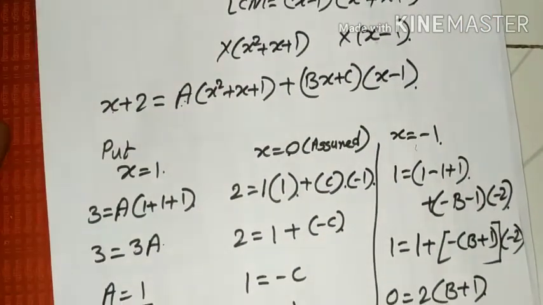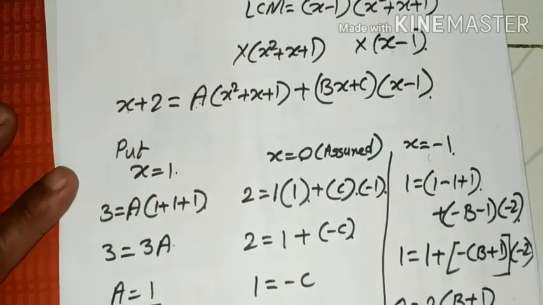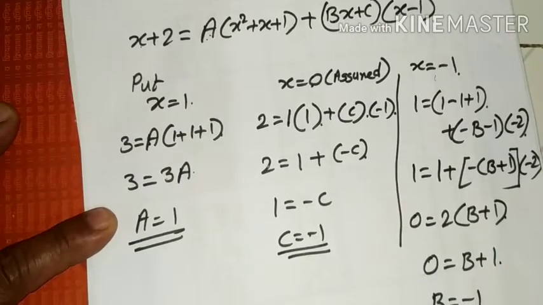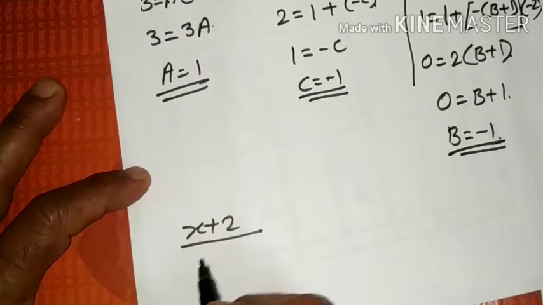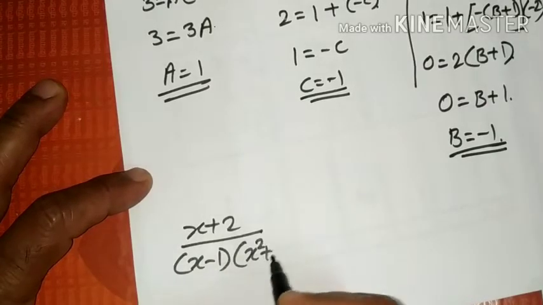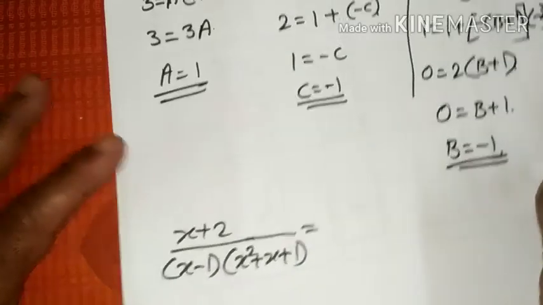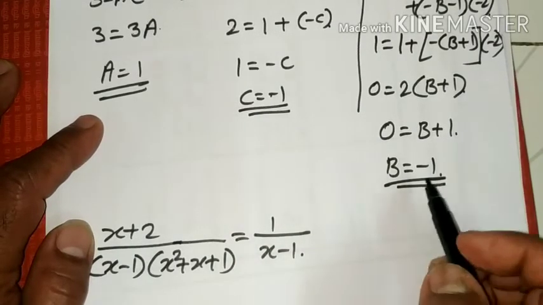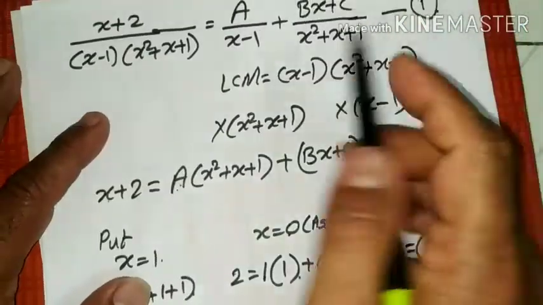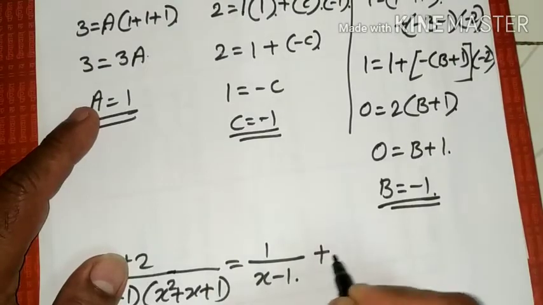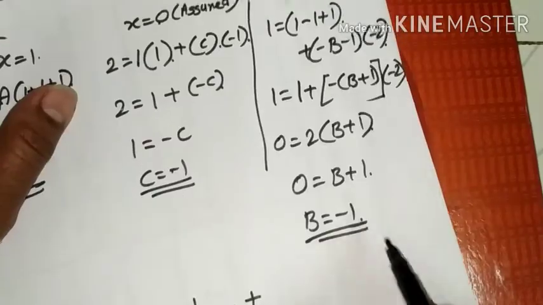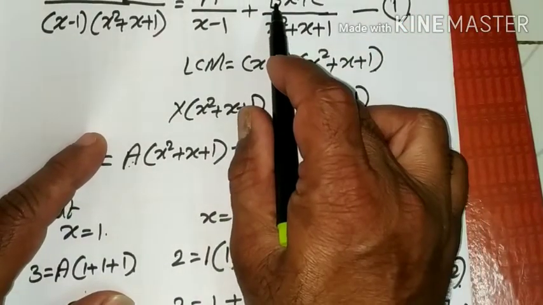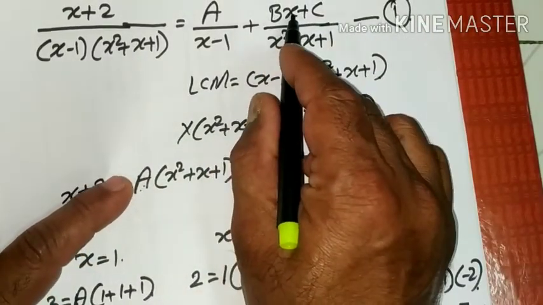The solution is (x plus 2) divided by (x minus 1)(x square plus x plus 1) equals, the value of A is 1, so 1 divided by (x minus 1), then plus (Bx plus C) divided by (x square plus x plus 1), where the value of B is minus 1, so minus x, and the value of C is minus 1.